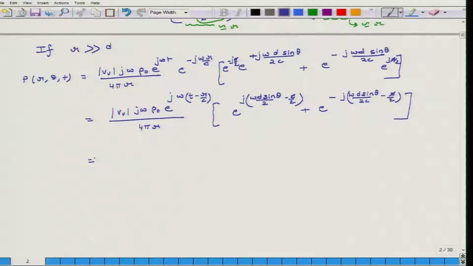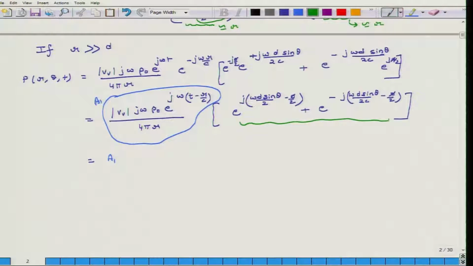So, let us call this expression A1. And this expression in the parenthesis is something like e to the power of j beta plus e to the power of minus j beta.